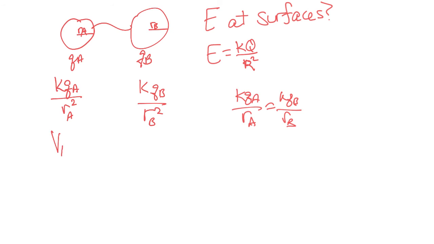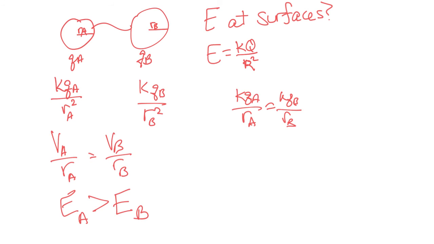This is VA divided by RA, and that's VB divided by RB. So because RA is less than RB, EA is greater than EB. So those are some fun things that you can sometimes do with conductors.